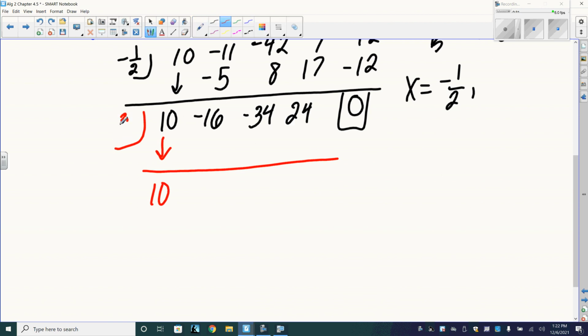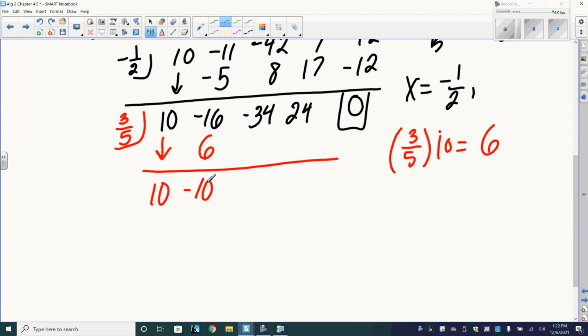Let's move one over and try 3/5. So we can do 3/5 times 10, which is 6. Now negative 16 plus 6 is negative 10.